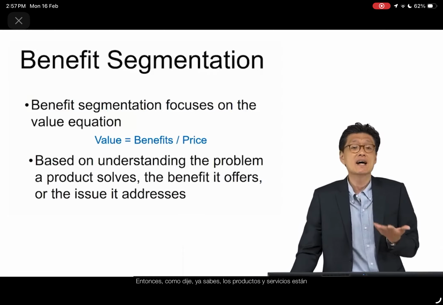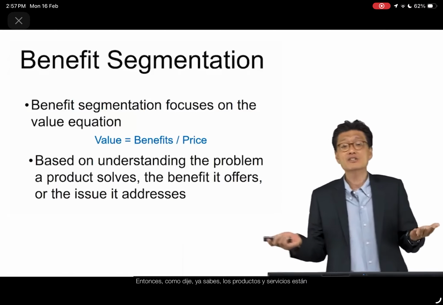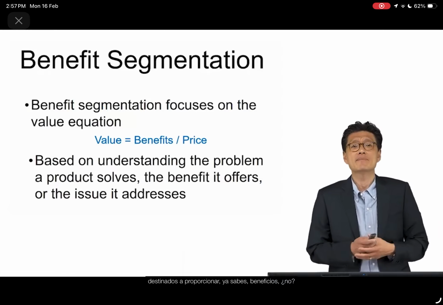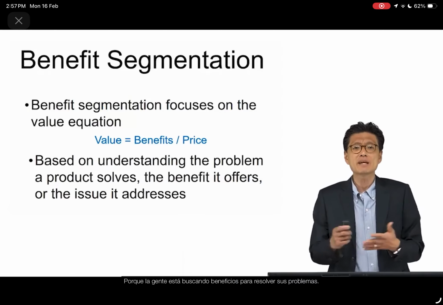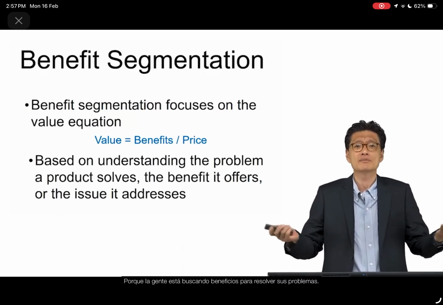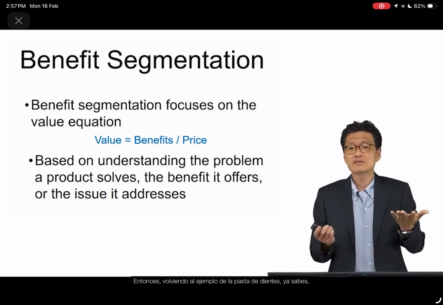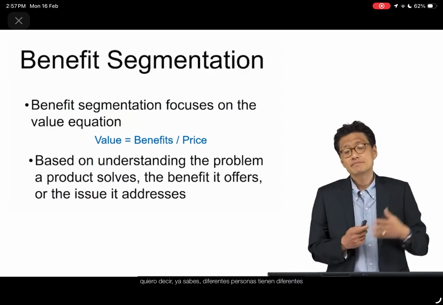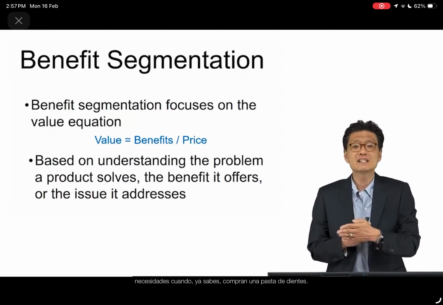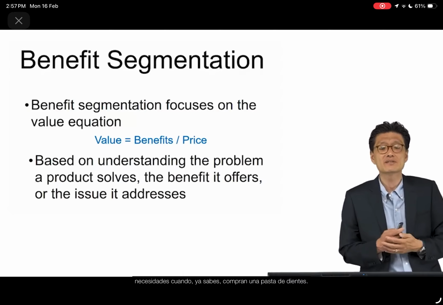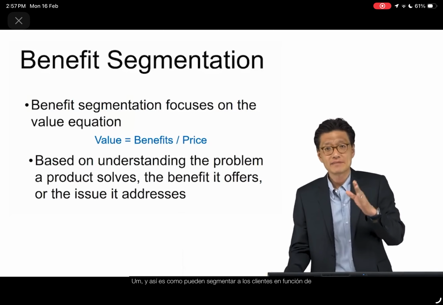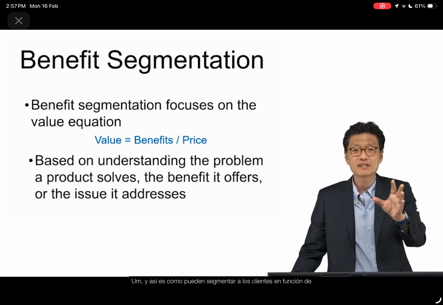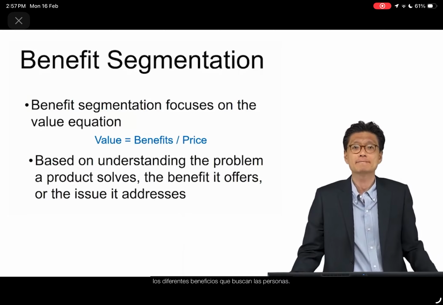Like I said, products and services are meant to provide benefits, because people are seeking benefits to solve their problems. So going back to the toothpaste example, different people have different needs when they buy a toothpaste. And that's how companies can segment the customers based on the different benefits that people are seeking.